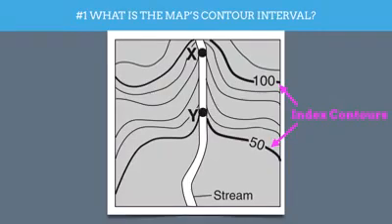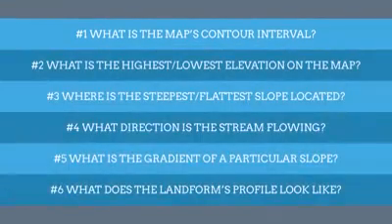Well, if you do a little bit of math in your head, you would figure out that this line right here must be a 60 line, making this a 70, an 80, a 90. Now that tells me that the interval of this map is 10, and I figured it out just by counting the number of lines between the 50 and the 100. You might have to do a little bit of trial and error, but eventually you'll be able to come up with the amount that each line is increasing by, also known as the contour interval.